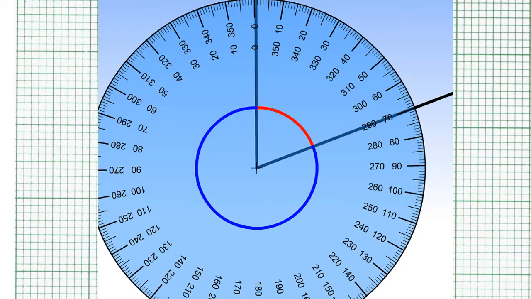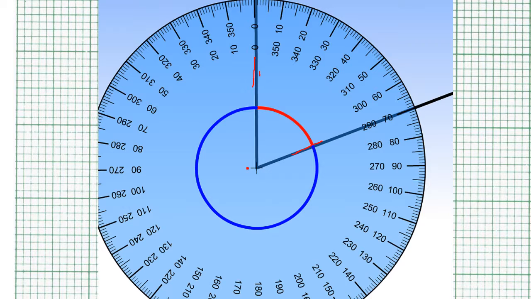Firstly, you need to draw your angle of 70 degrees, bearing in mind that your A has got to be somewhere on this line here, and that's going north, and your B has got to be at the center of this circle, as it were, and your C has got to be somewhere on this line here.